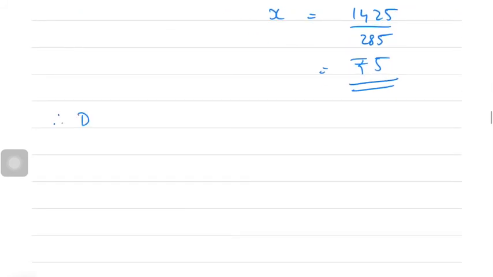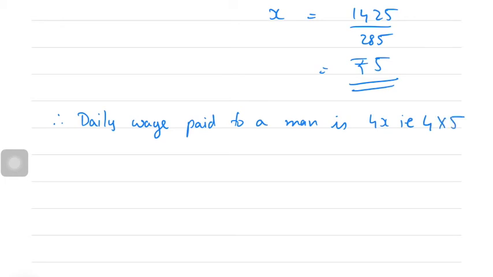Okay, so therefore daily wage paid to a man is 4x, no? Is 4x, that is 4 into 5, which is equal to rupees 20.